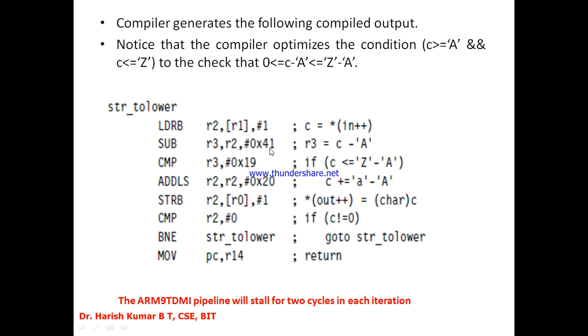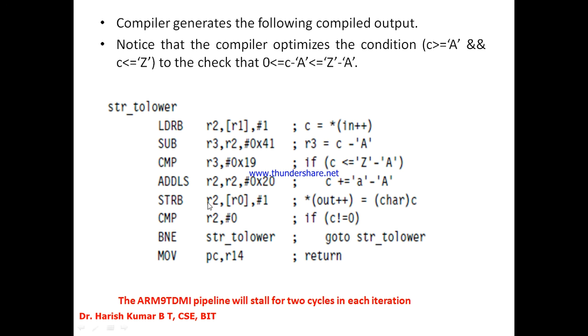After the first character is loaded into register R2, I'm subtracting the ASCII value of uppercase A, and then comparing that with R3, 16 in order to check whether it is in the range of lowercase a to z. If it is lower or the same, I'm adding this 20.